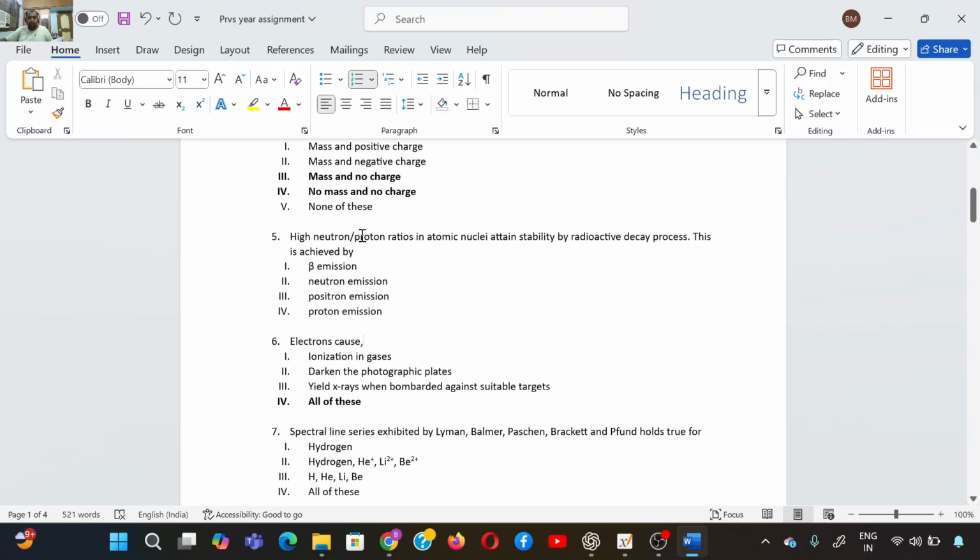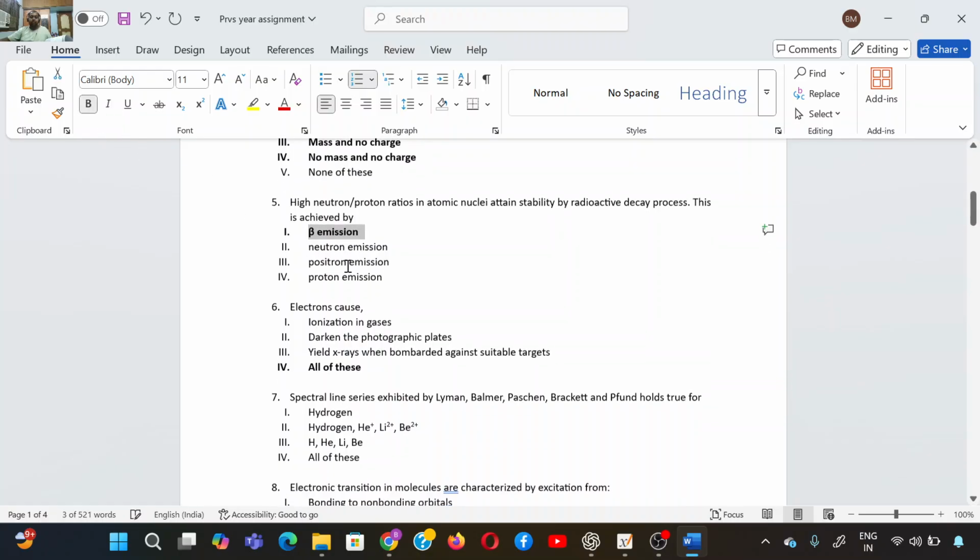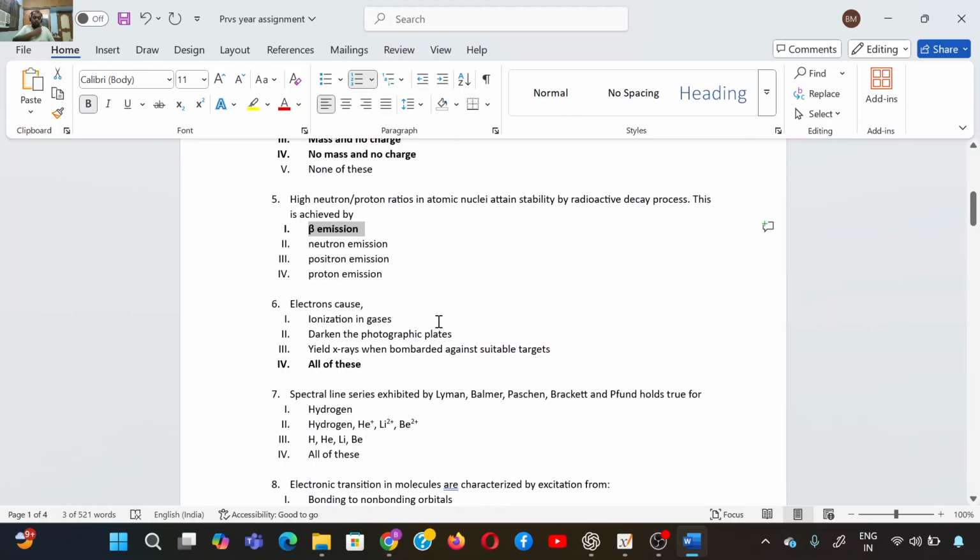Let's go to the fifth one. High neutron to proton ratio in atomic nuclei attains stability by which radioactive decay process? The correct answer over here is beta emission. This again is from Sir's notes directly.